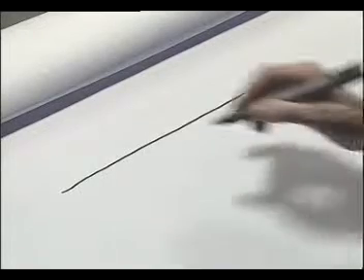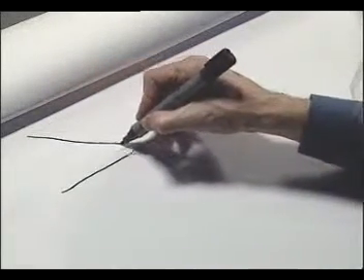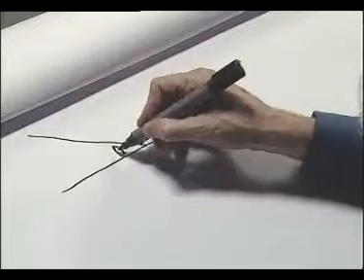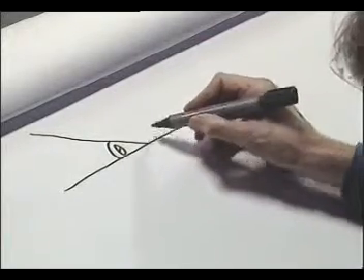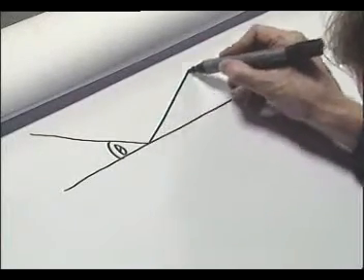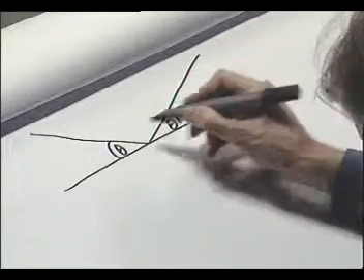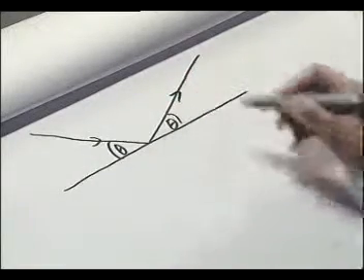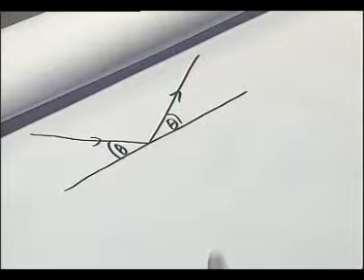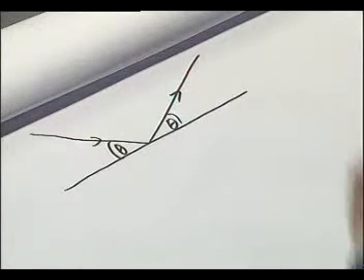If we have a flat plane surface, then if a beam of light comes into that surface at an angle theta, the law of reflection tells us that it's reflected out again at exactly the same angle to the surface. So it comes in, it's reflected out again.